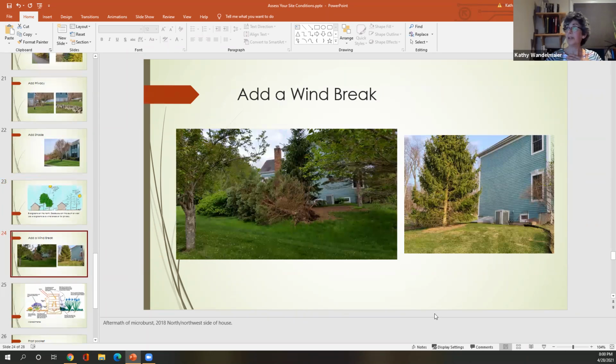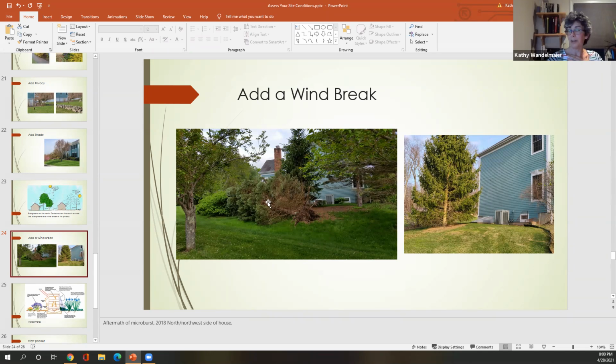Now, I had 3 Colorado spruce on the northwest side of my house, and I put them there as a windbreak. And I'm glad I did, because in 2018, when we had the macroburst, I don't know what would have happened to the house. I like to think my trees that I put there as a windbreak did their job.